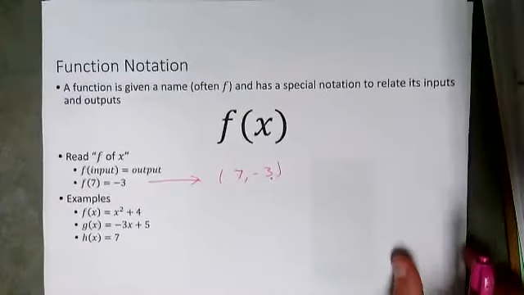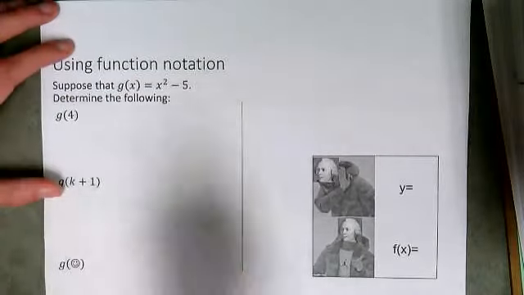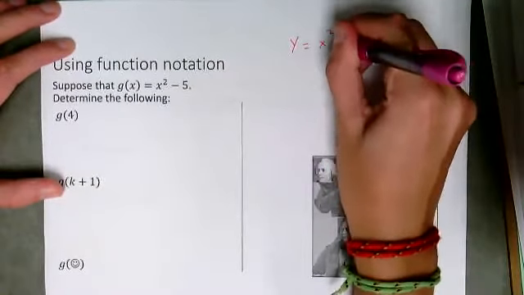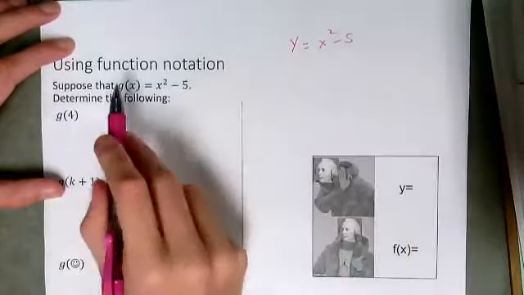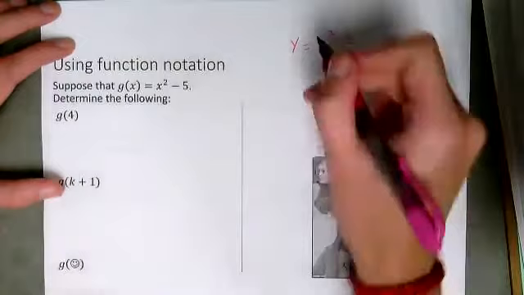So how do we use function notation? Let's let g of x equal x squared minus 5. And we're going to determine the following. G of 4. Well, this is the same thing as if we had y equal to x squared minus 5. Instead of y, we have g of x. And so if x is equal to 4, then y is equal to what?